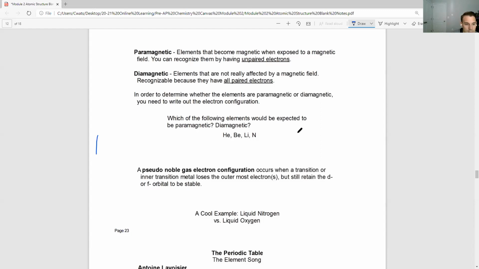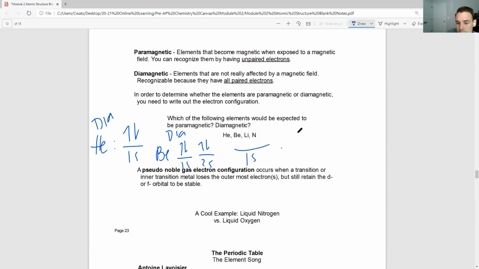So helium is just 1s2, so that's up, down. Those are paired, so that's dia. Beryllium is 1s2, 2s2. Up, down, up, down. That's paired, so that's dia. Lithium, 1s2, 2s1. That's unpaired.